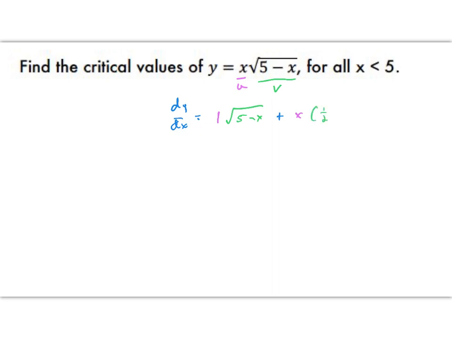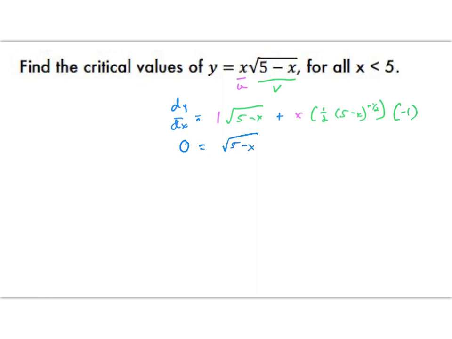It's going to be 1/2 times 5 minus x to the negative 1/2. And then I can't forget my chain rule by multiplying by that inner function, so I have to multiply everything by -1. And now I'm going to clean everything up, and I'm going to set this derivative equal to 0 to solve it.